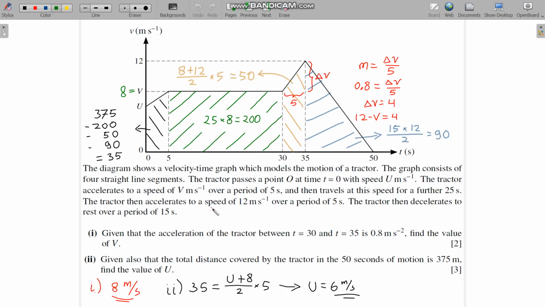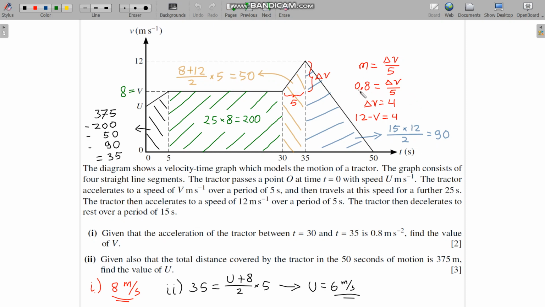Another example here, given that the acceleration between t equals 30 and t equals 35 is 0.8, find the value of v. We know that the gradient is 0.8 here. The gradient is delta v, which is 12 minus v, divided by 5.